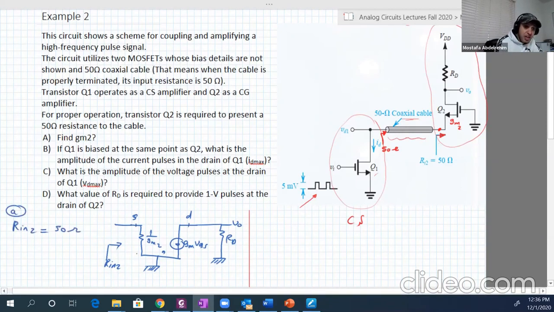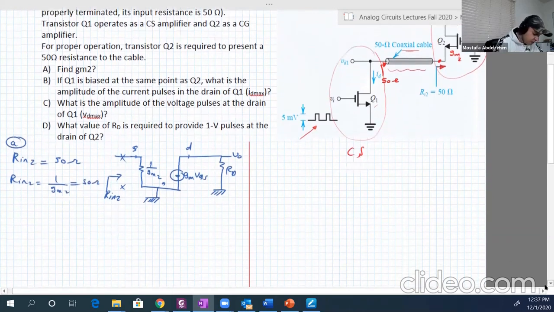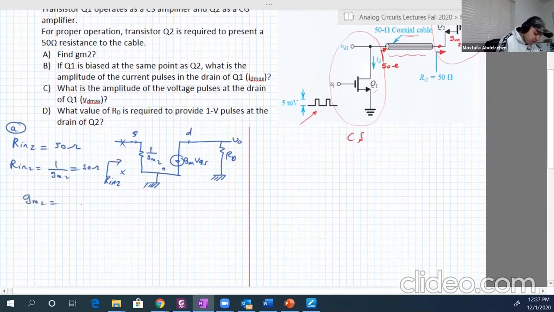But what is our Rin2 if we look between this terminal and the ground? Rin2 is also equal to 1 over gm2. So 1 over gm2 is equal to 50 ohm, so gm2 is equal to 1 over 50, which is 20 millimho, or 20 milli ohm to the minus 1.